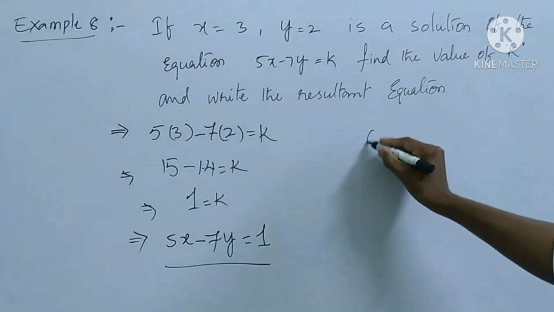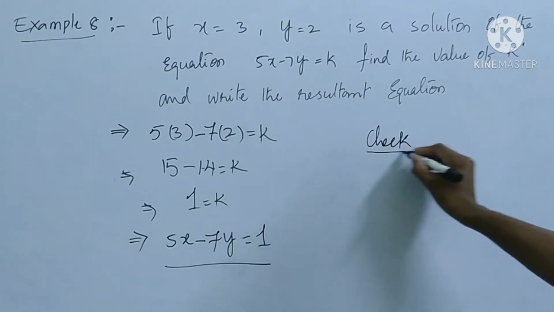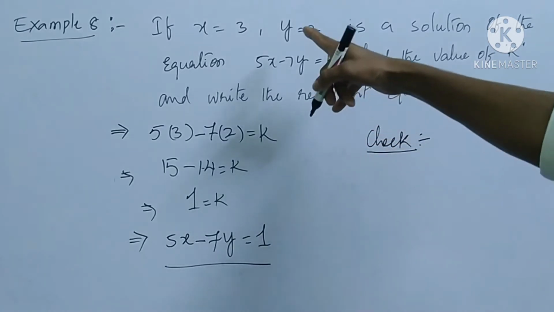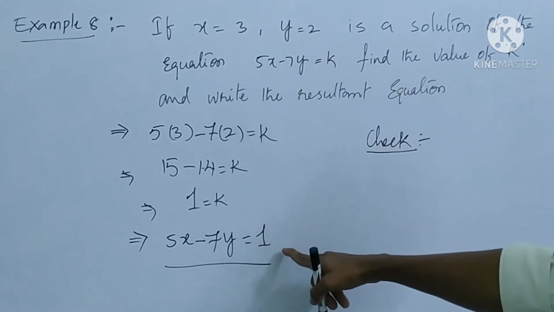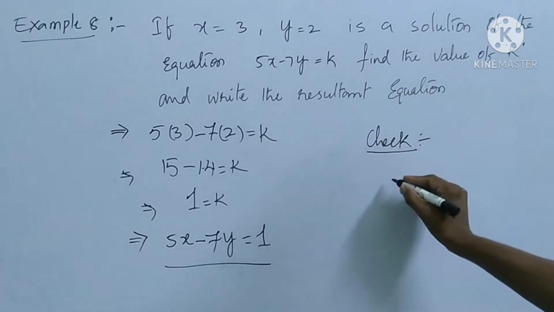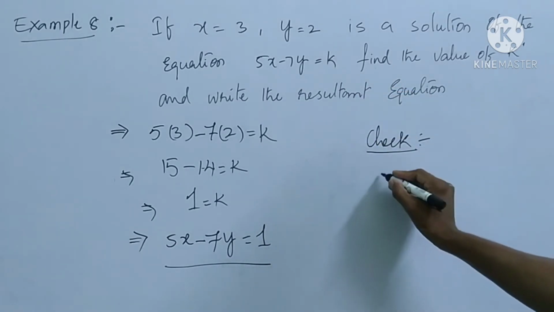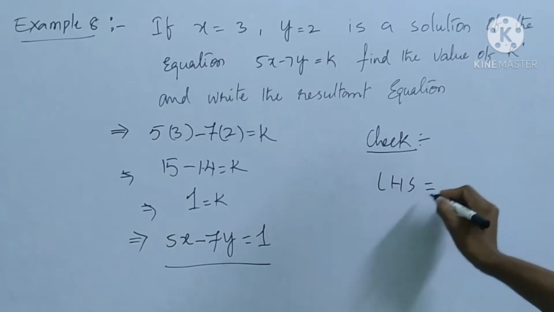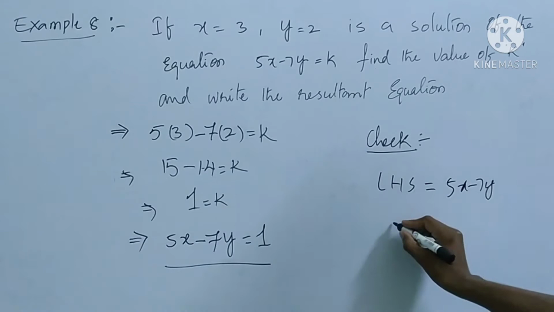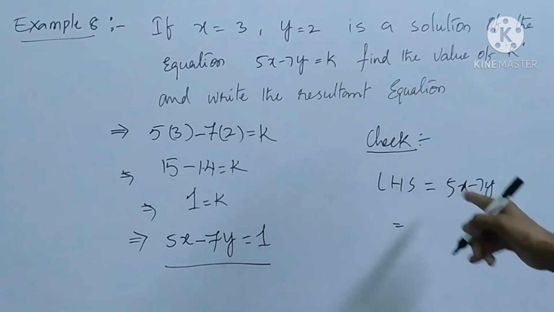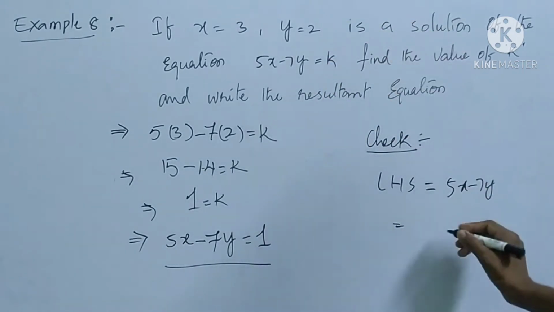Next, checking. So when x is equal to 3, y is equal to 2, then what is the value of k? Here it is 1. Let's take the LHS side. So that is equal to 5x minus 7y. Substitute the values when x is equal to 3 and y is equal to 2.